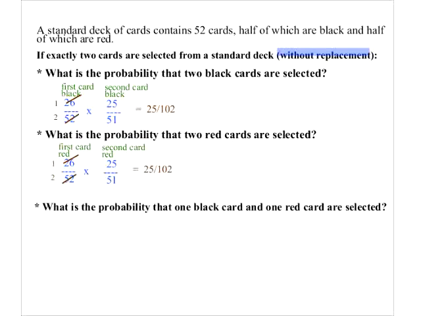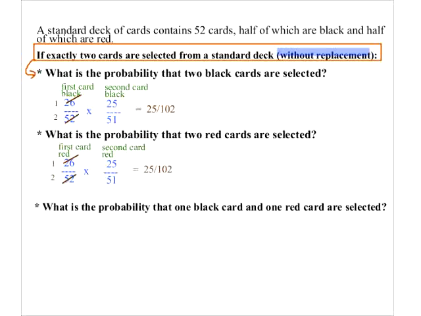The statement "if 2 cards are taken from a deck without replacement" applies to all of this. This is without replacement, this is a separate problem that is also without replacement, and this is a third problem that is also. All 3 of these problems go with the same prompt.